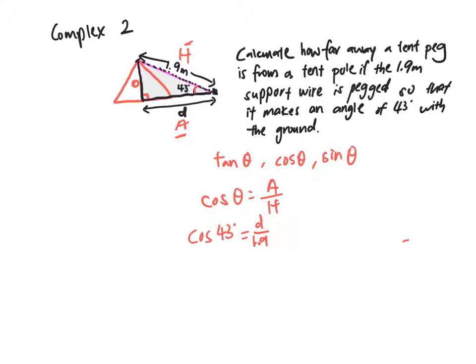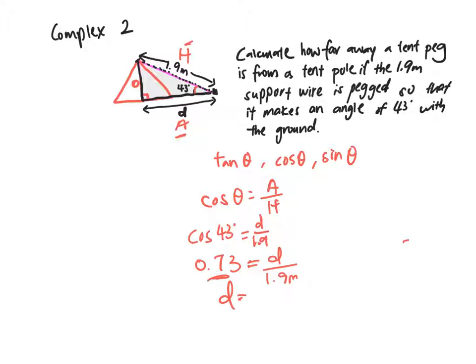So cos 43 gives you a value of 0.73 equal to d over 1.9 meters. So d divided by 1.9 meters has to come out as 0.73.